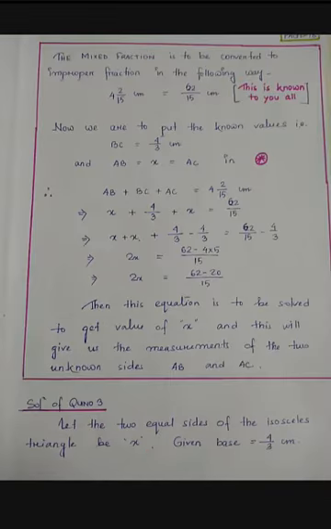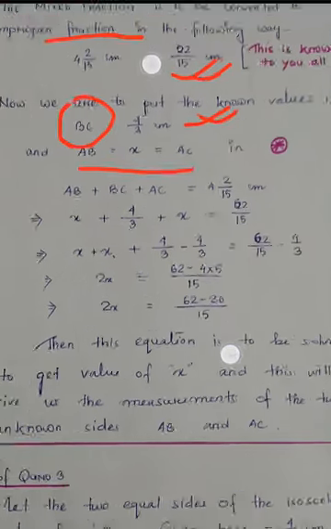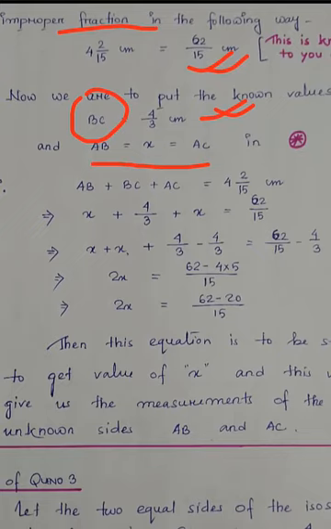Now, the mixed fraction, when converted into an improper fraction, gives the result that is already shown to you. Now, we are going to put the known values. In place of BC, we shall be putting 4 by 3 because this is the base, and AB and AC are together considered as x.